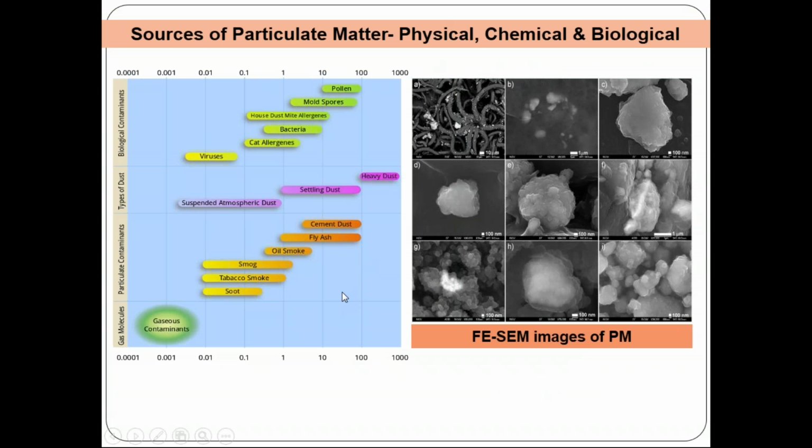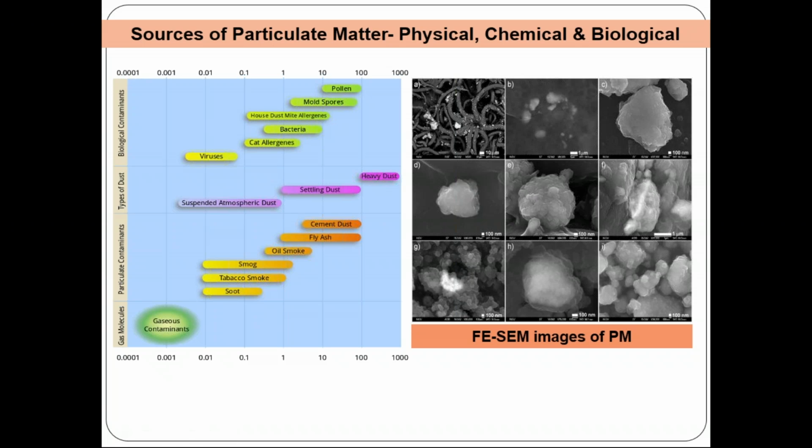Here you can see the major sources: pollen, mold spores, house dust, bacteria, allergens, viruses, and also cement dust, fly ash, oil smoke, tobacco smoke, soot, some gases, contaminants, etc. These are the major constituents of particulate matter.